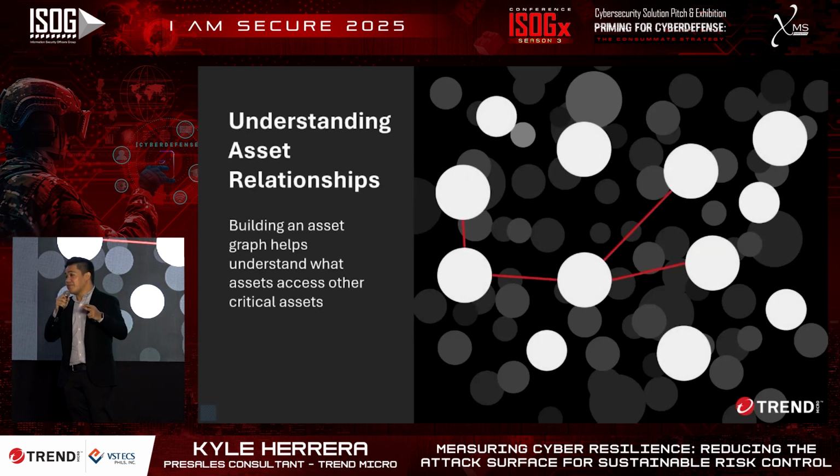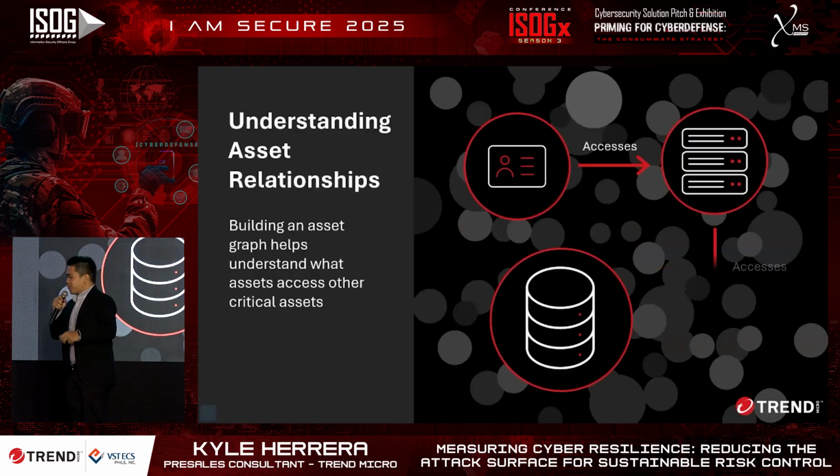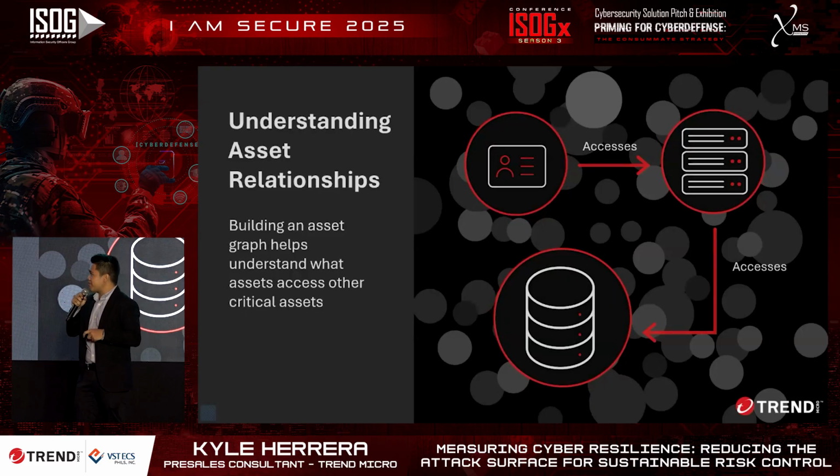Including that, we would be able to see the different correlation of how these devices are connected from one another. Then due to that, we would be able to know which specific user accesses which specific device, and what specific tools they would be able to use.